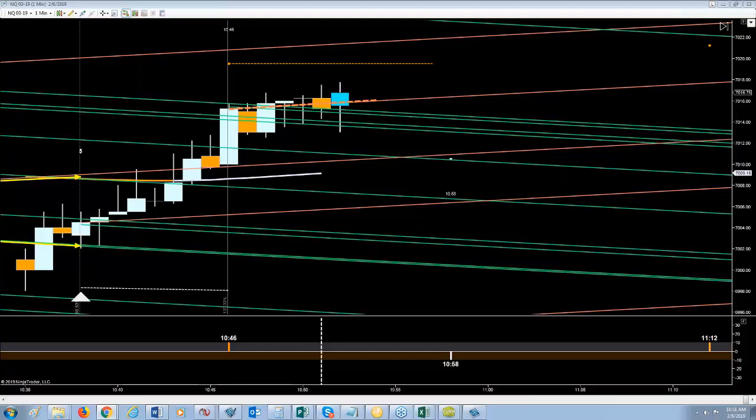Joe, do you see how those 4 green lines are holding as support right now? What do you think that means?